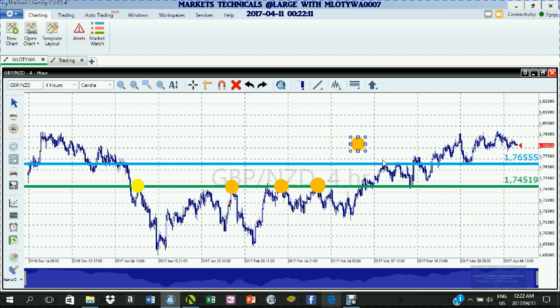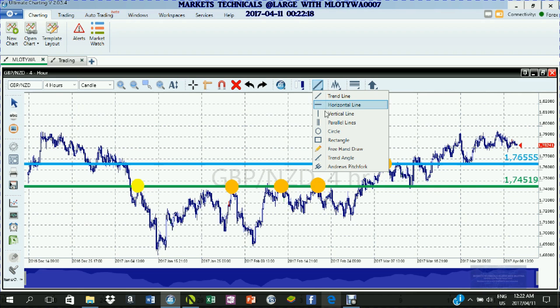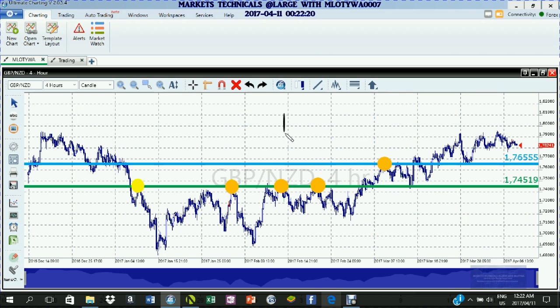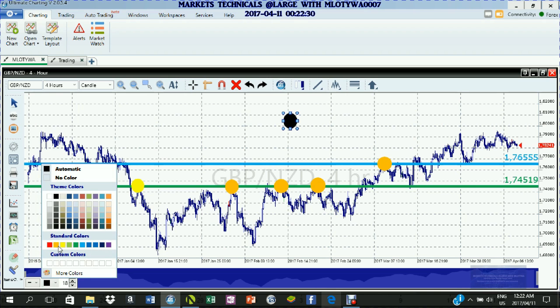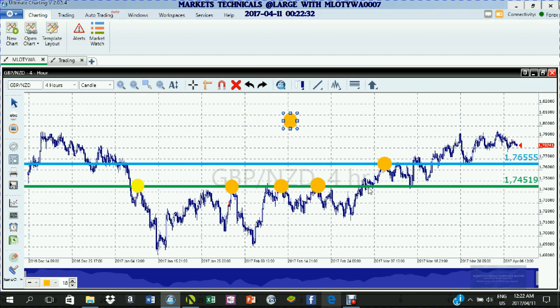We have resistance at this point. You can see that. We also have another part which reflects the market being resisted here. The market is being resisted also here.